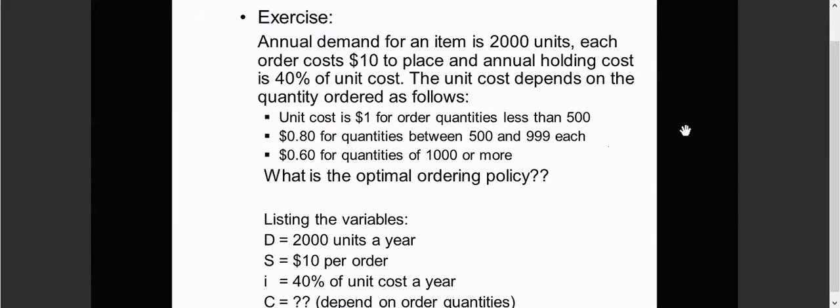So let me see what we have on the next example of quantity discount. This is more interesting data for the quantity discount, quite different from the previous data, where the holding cost is at 40% of unit cost.